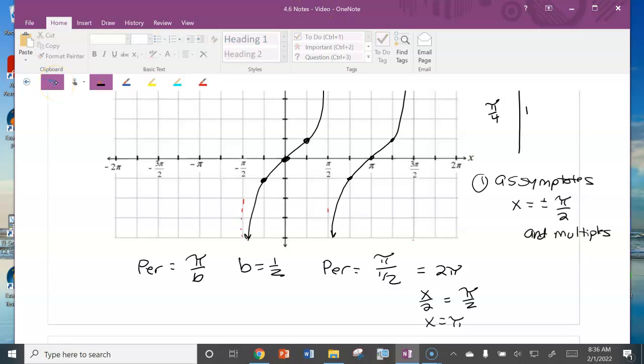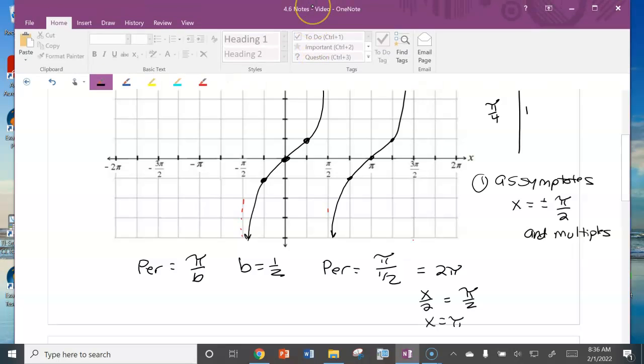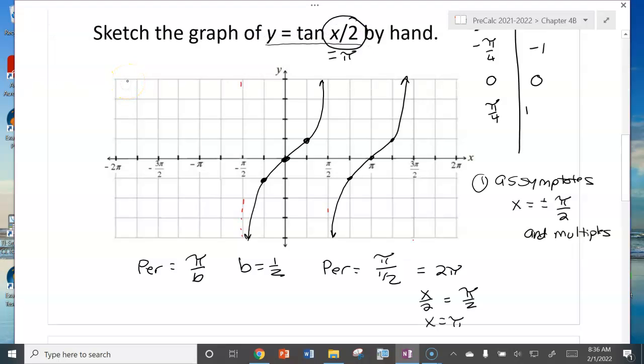Okay, so now let's put in our asymptotes. I'm going to take the blue, and I've got an asymptote at pi and at negative pi.